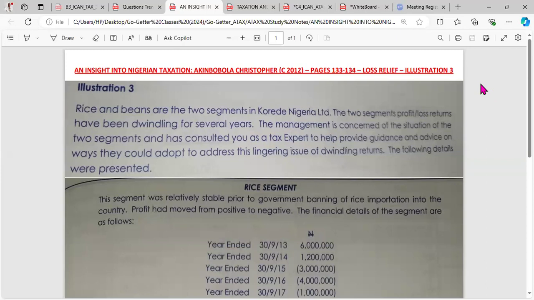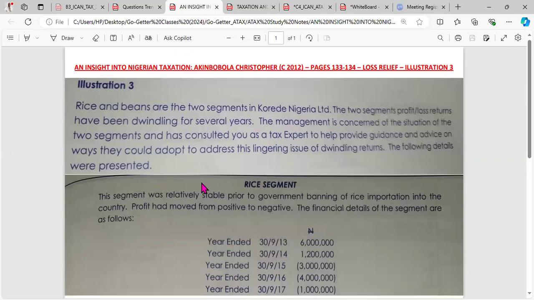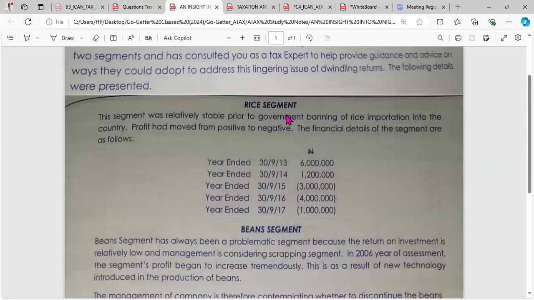The following details were presented. We have the rice segment. This segment was relatively stable prior to the government banning of rice importation in the country. Profit moved from positive to negative. The financial details of the segment are as follows.